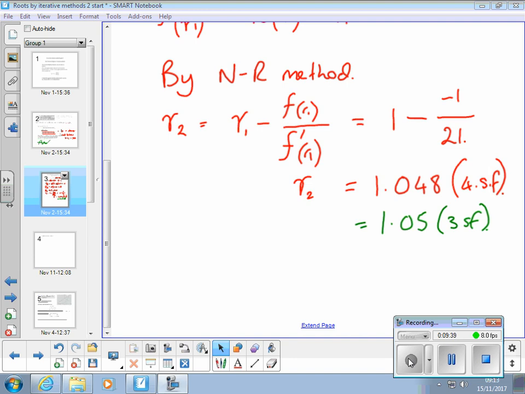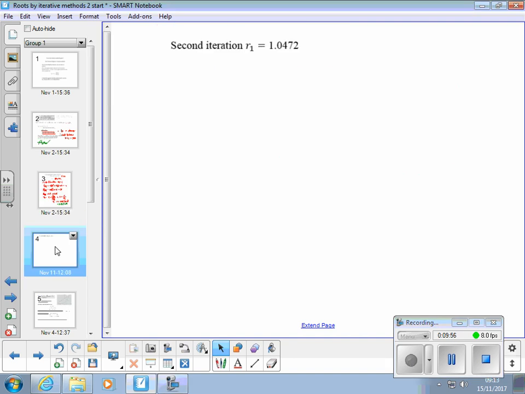When we get that 3 significant figure value the same twice, we stop. Second iteration, 1.0472.